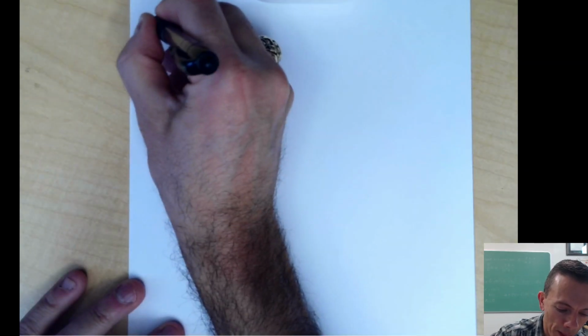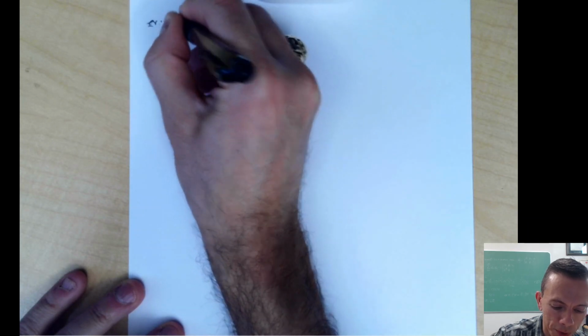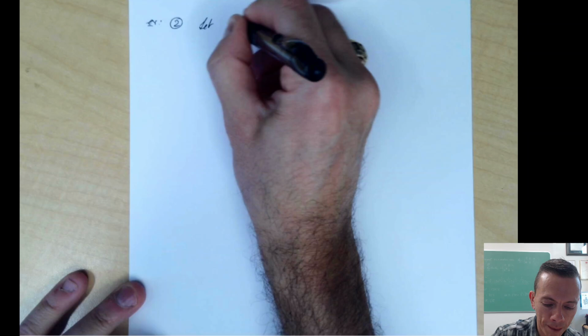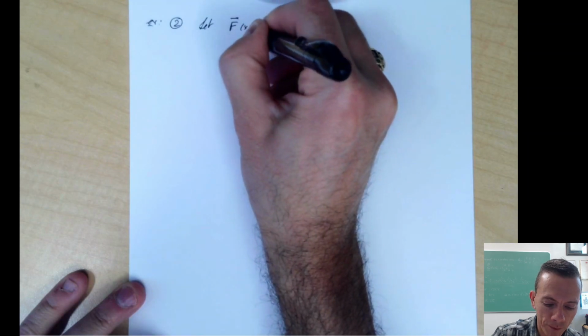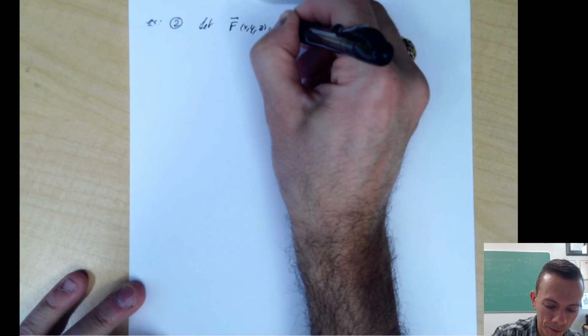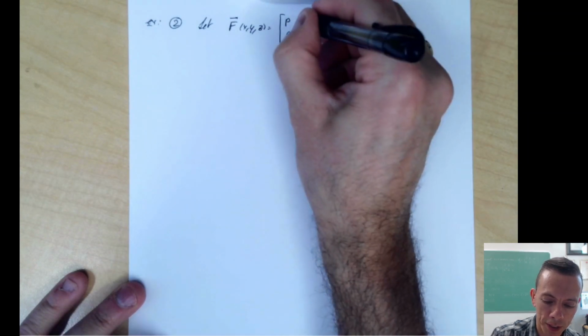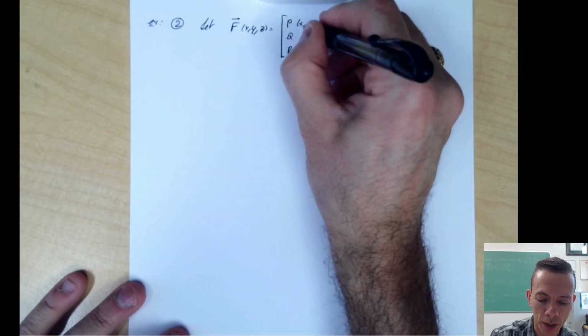So now we can look at a few other examples. So example number 2, now let's start with a vector field. This vector field in 3 dimensions has 3 components, p, q, and r.